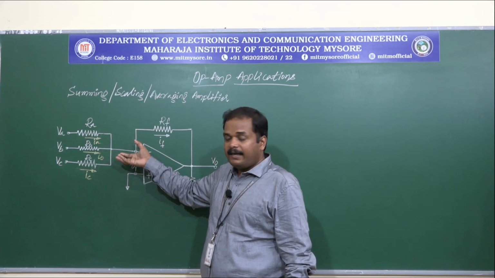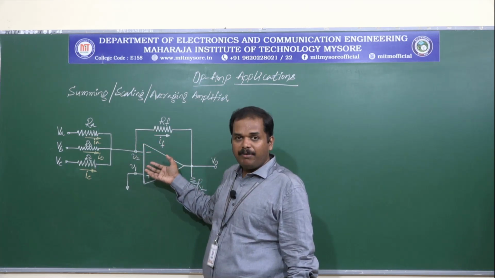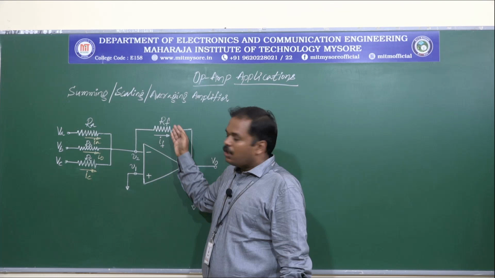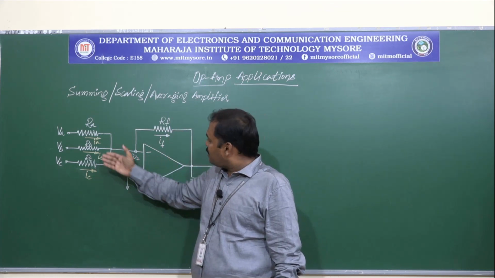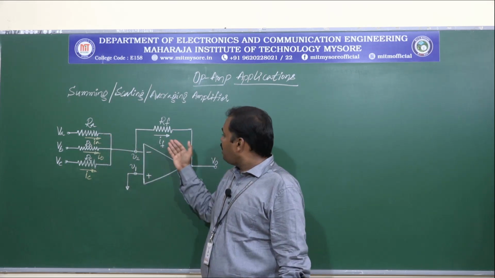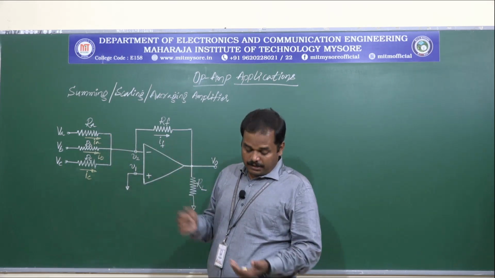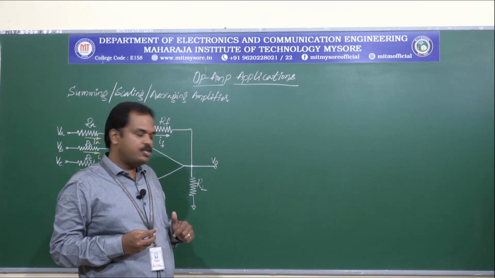And this total current cannot get into op-amp because of the high input impedance, and this will be flowing through RF as IF. So what we can say is the algebraic sum of IA, IB and IC is equal to IF. So let us get into the derivation of the output voltage equation.